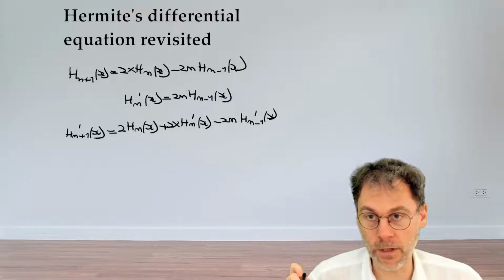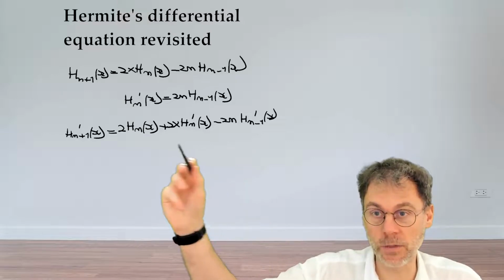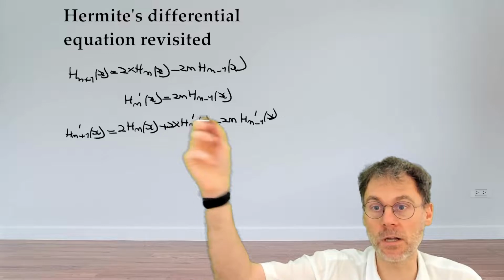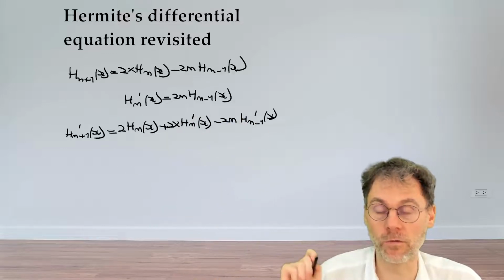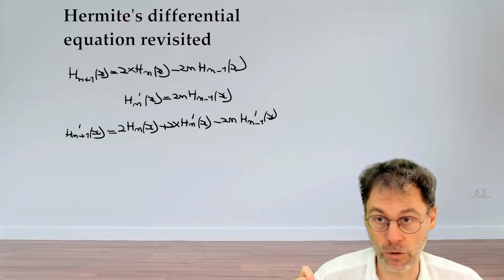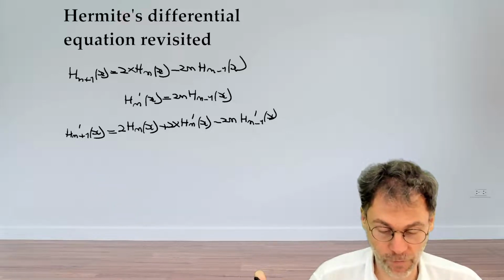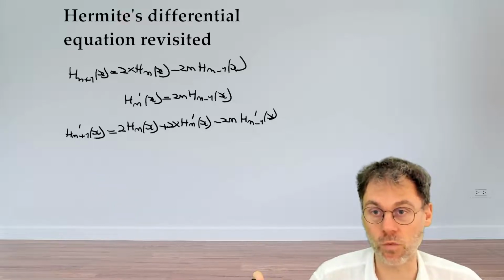What we need is a relationship that only involves Hermite polynomials of a certain order. So let's try and get all of the terms here replaced by terms which involve the Hermite polynomial of order n. So for the one on the left, we have the derivative of the Hermite polynomial of n plus 1.